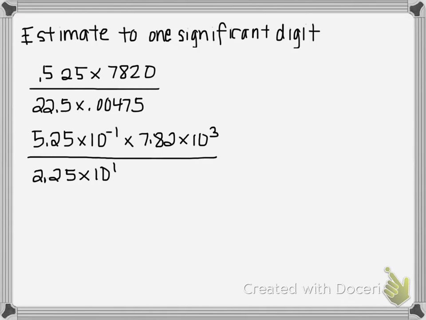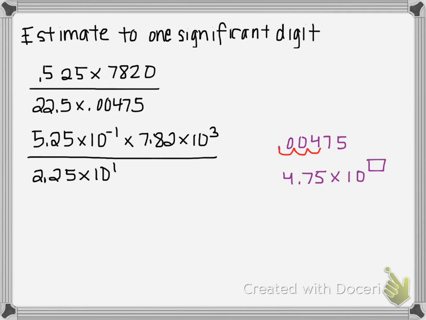I'll do this last one, and I'll take a little bit of time with it. So I'm going to have this 0.00475, and I need to move the decimal point 1, 2, 3 to the right so that I can write this as 4.75 times 10 to a power.